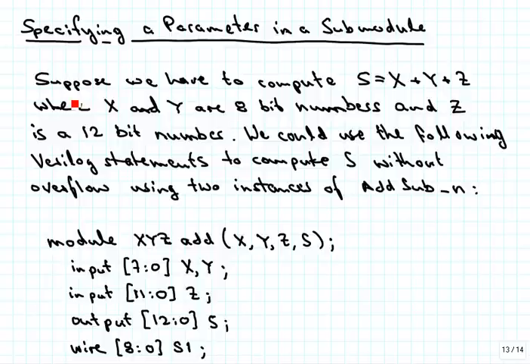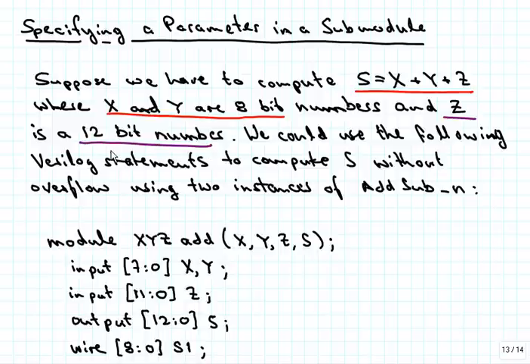So here we suppose that we have to compute the sum s equal to x plus y plus c, consisting of 3 numbers, and we assume that x and y are 8-bit numbers, and c is a 12-bit number. Of course, we could use a 12-bit adder 2 times in a row in order to compute the result, but it's more elegant and requires potentially less hardware if we tailor this to the known word sizes here.